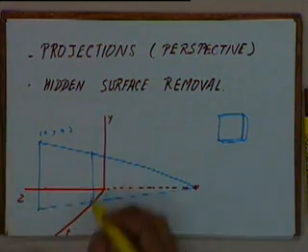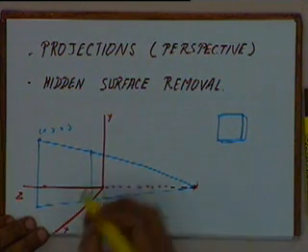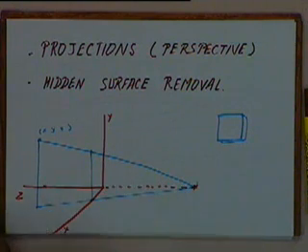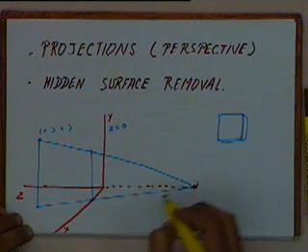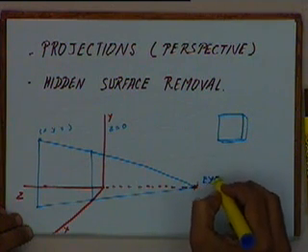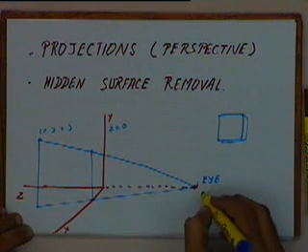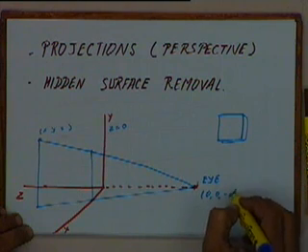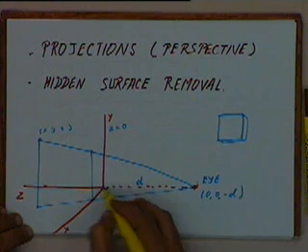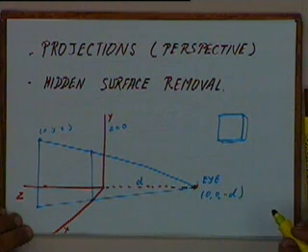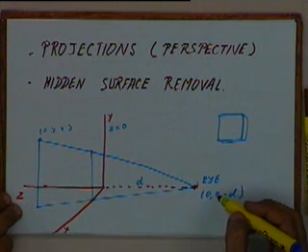In this particular figure, I have taken the projecting plane to be the xy plane, that is the plane where z is equal to 0, and the eye, instead of being located at infinity, is located at the coordinates 0, 0, minus d, where d is this distance from the origin to this point. I am assuming that the eye is right now located in the minus z direction.